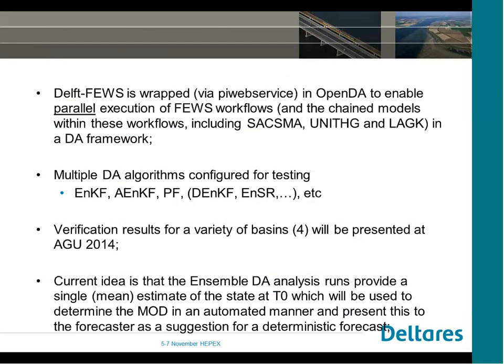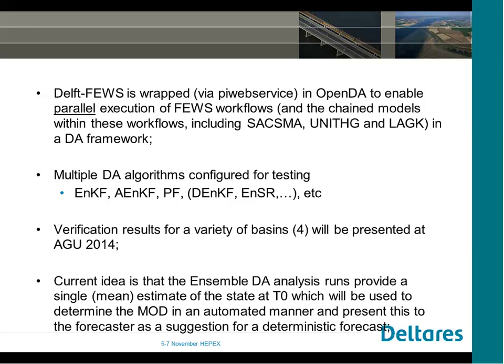The goal of the exercise is to test different algorithms to see if there's a specific method that is more appropriate to use or has better properties than others. At the moment we are testing the ensemble Kalman filter, the asynchronous ensemble Kalman filter, and the particle filter. This work is ongoing, and we are hoping to show the full verification results at ATU.